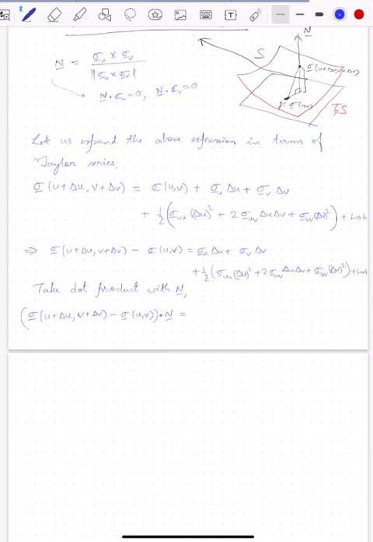So all we are left with is half sigma uu dot n vector delta u squared plus 2 sigma uv dot n delta u delta v plus sigma vv dot n delta v squared plus higher order terms, right?